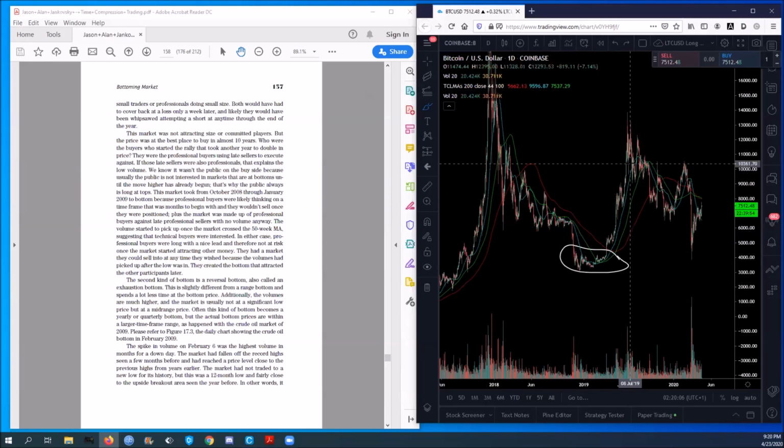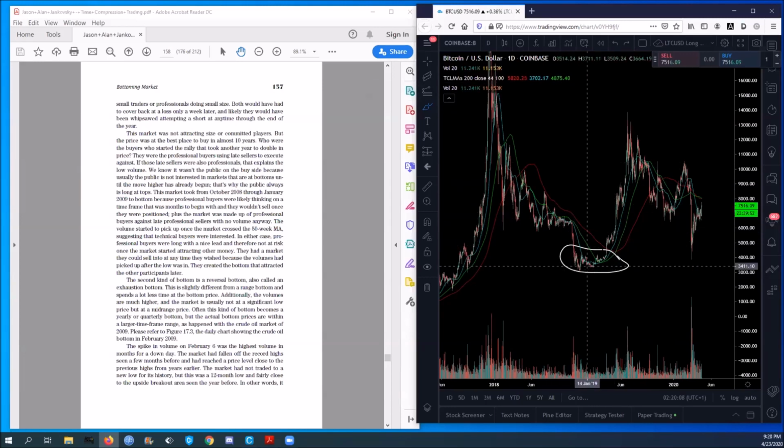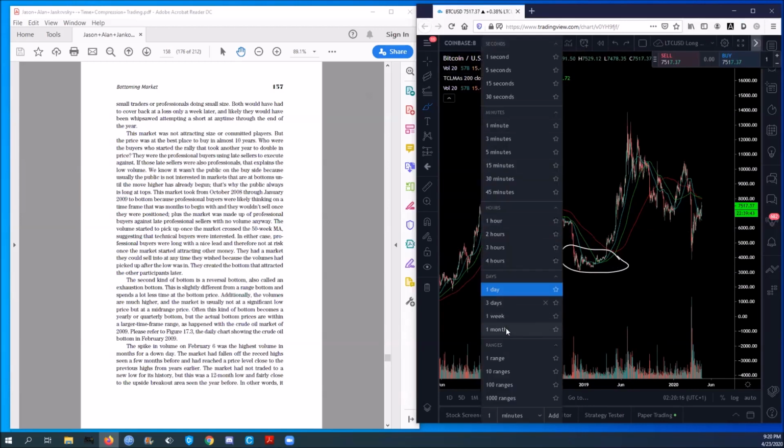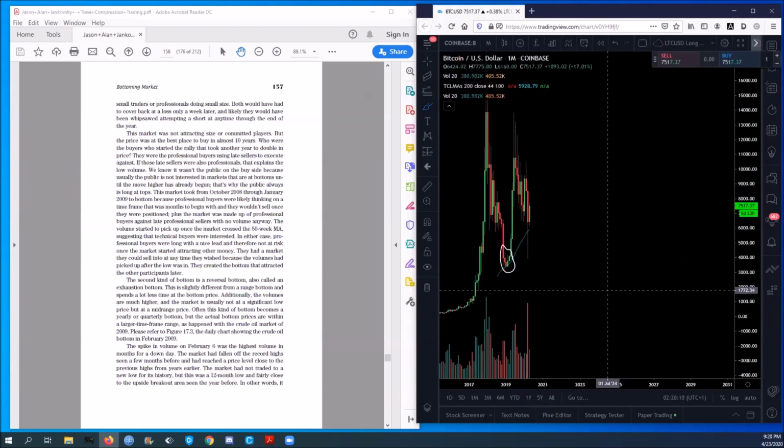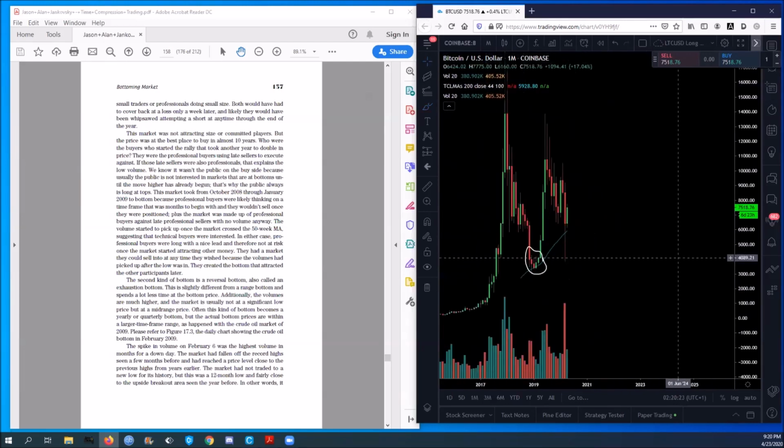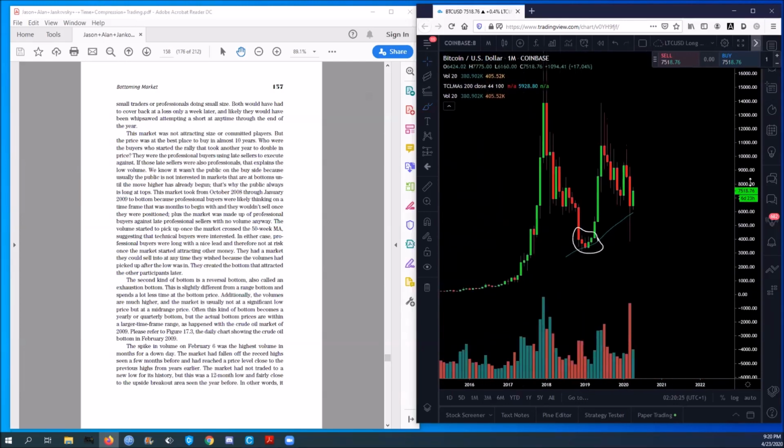This was very rapid relative to a stock market bottom. This took place in 6 to 9 months, and it came back very quickly on high volume. When you start to look at it from this perspective, and for some of you, if you have not looked at this on the weekly chart, you might go, aha.